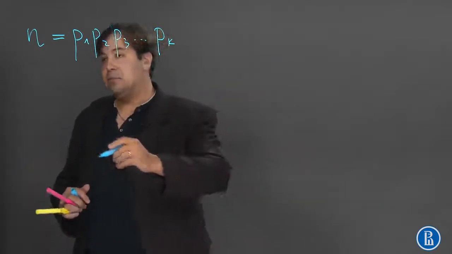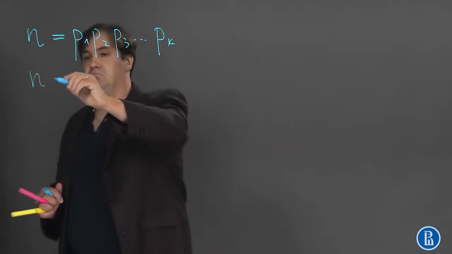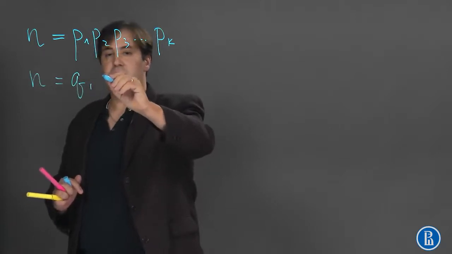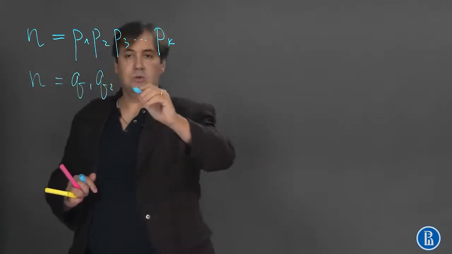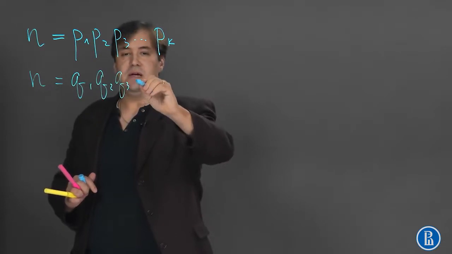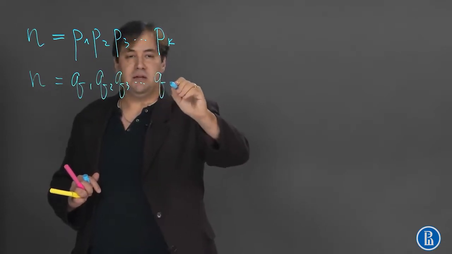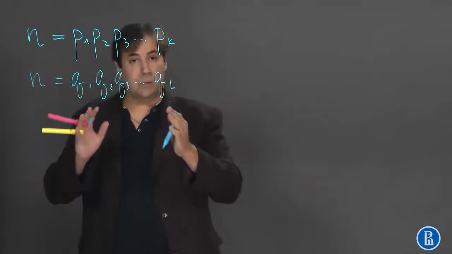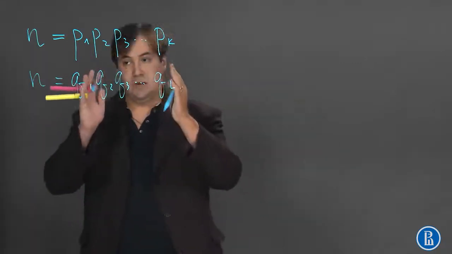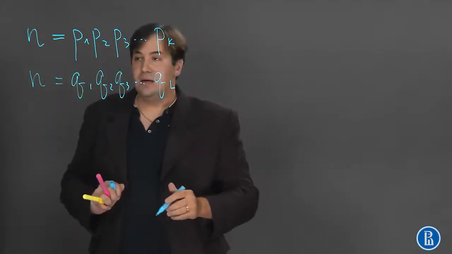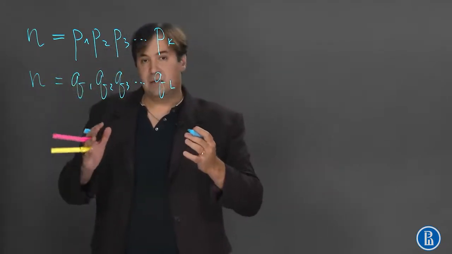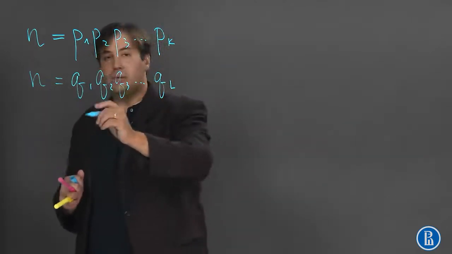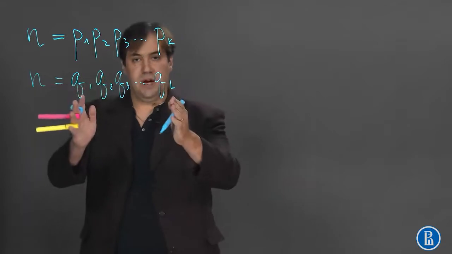And at the same time, n has some other decomposition into prime factors q1 multiplied by q2 multiplied by q3 and so on multiplied by ql, where we do not suppose that we have equal amounts of prime numbers here and here.